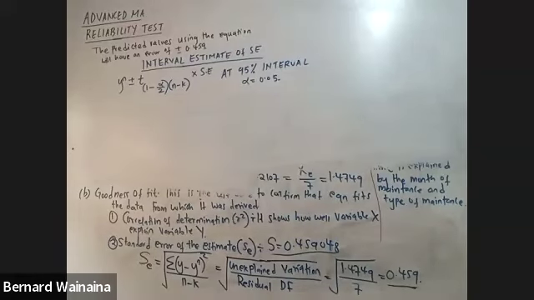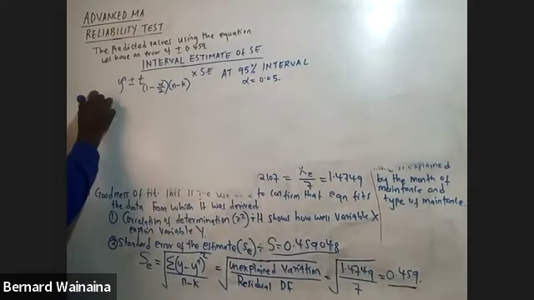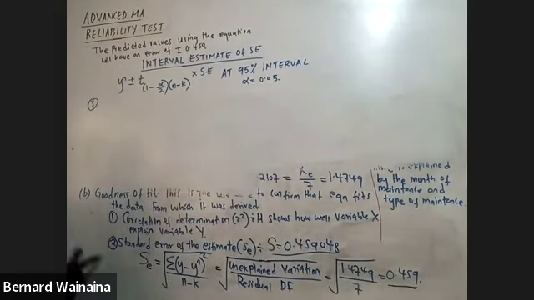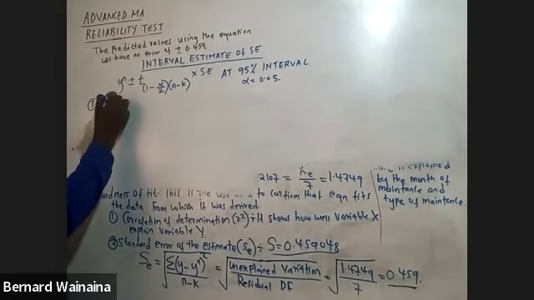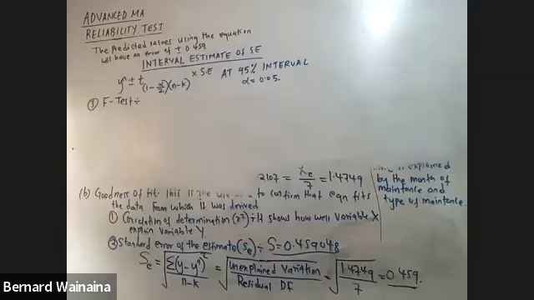For now I will show you everything, but when we do other questions, I will not do everything. So number 3, still under goodness of fit, the F test. What is the importance of doing this F test?